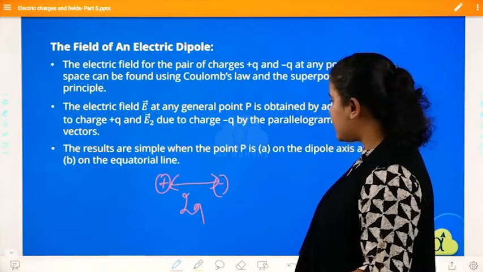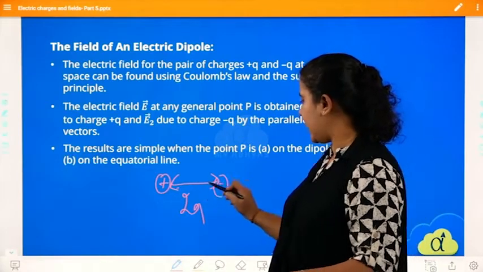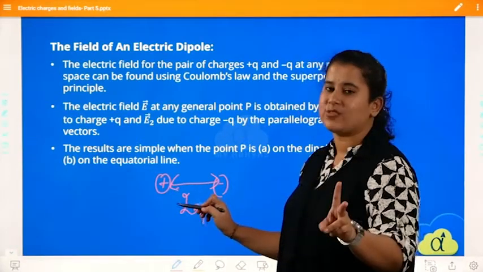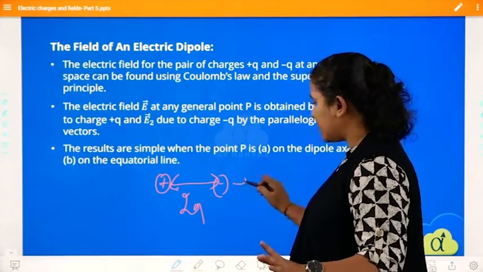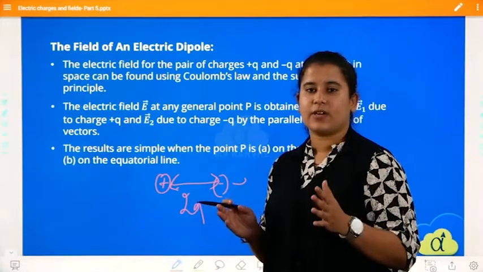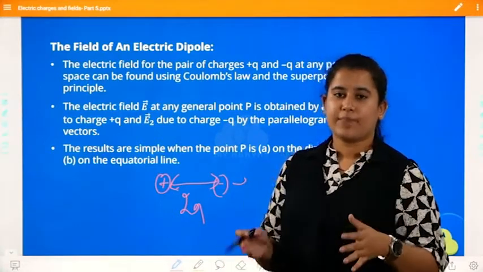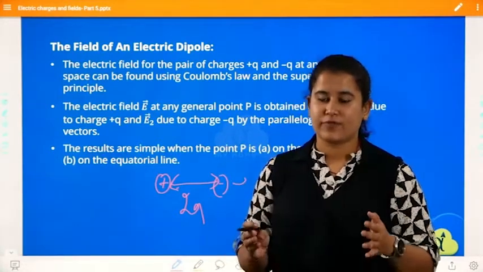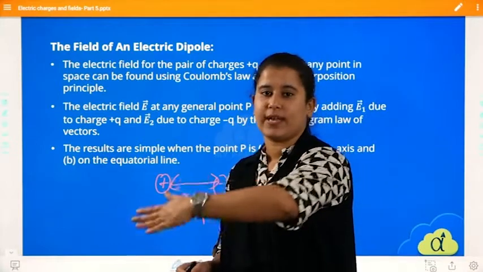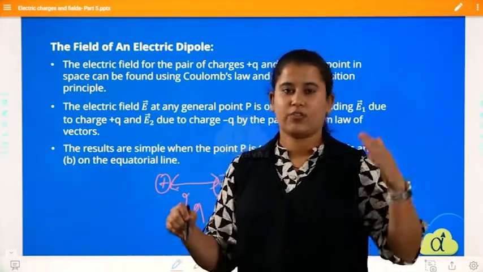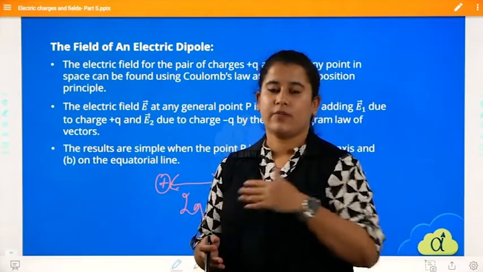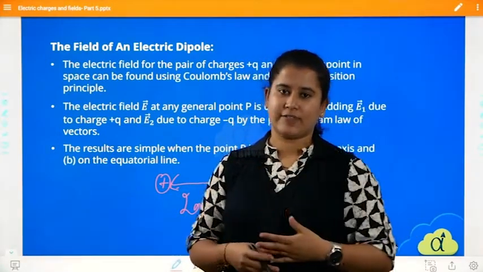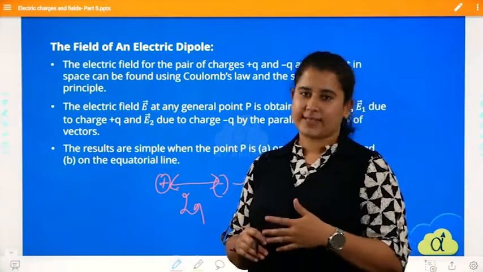As the distance is 2a, in two cases only you can find it. One is the axial line, that is, when the lines of force are moving from positive to negative through the axis, or through the positive and negative charges. I call it an axial line.